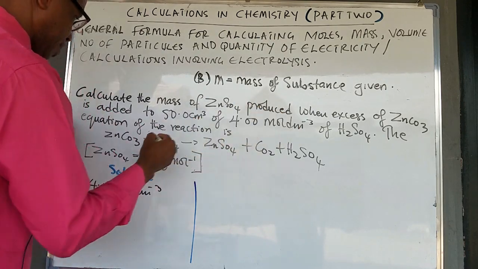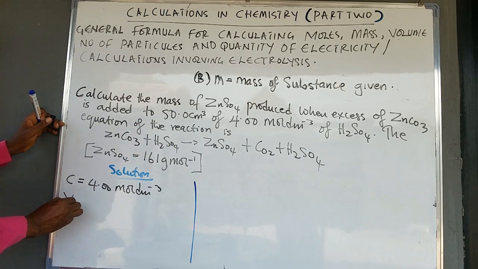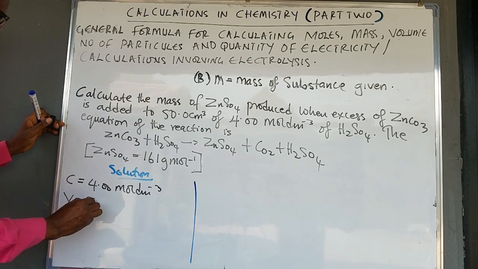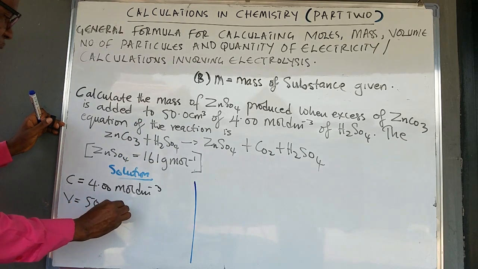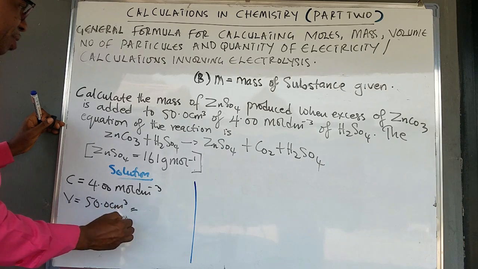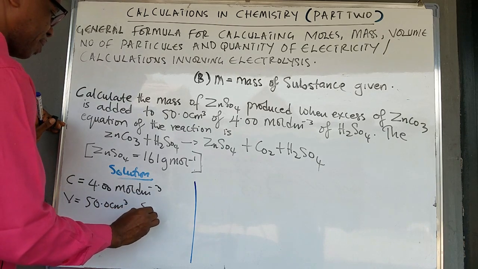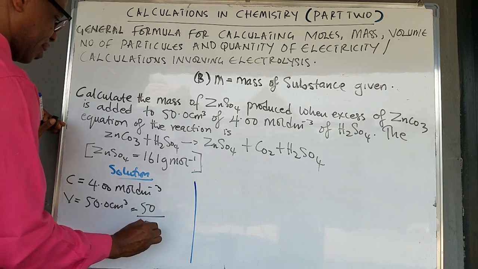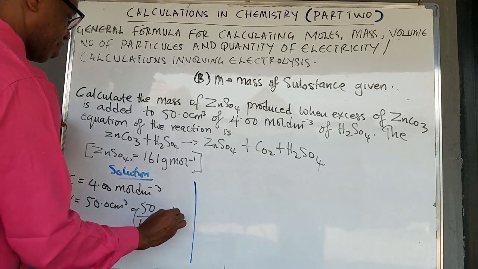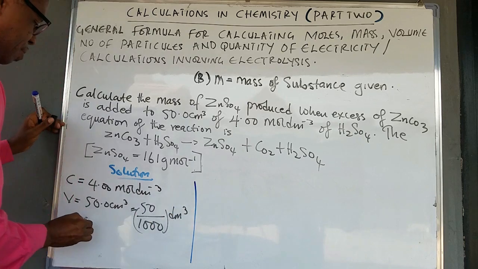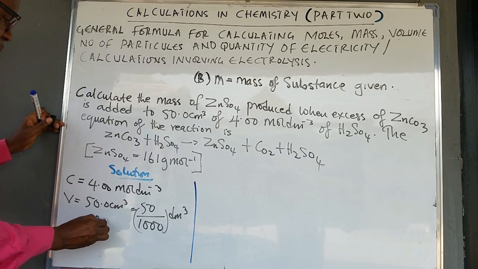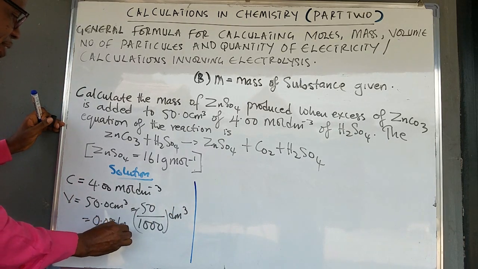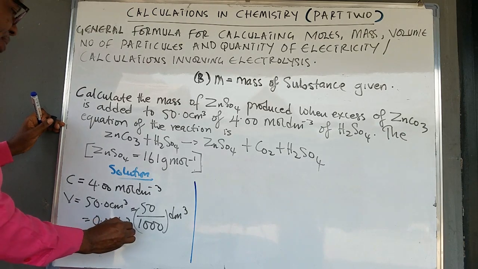We also have volume, V. V is 50.0 cm³. Remember the tradition, convert to dm³. 50 divided by 1000, all in dm³, will give us 0.05 dm³.